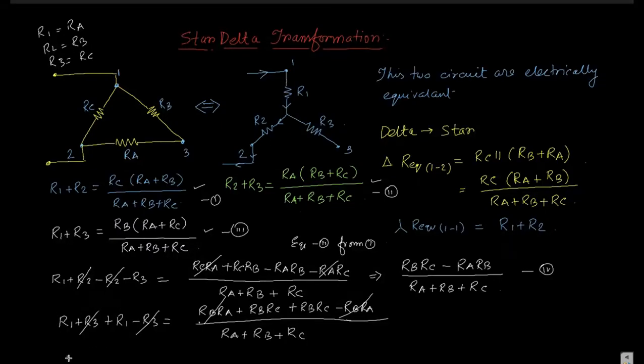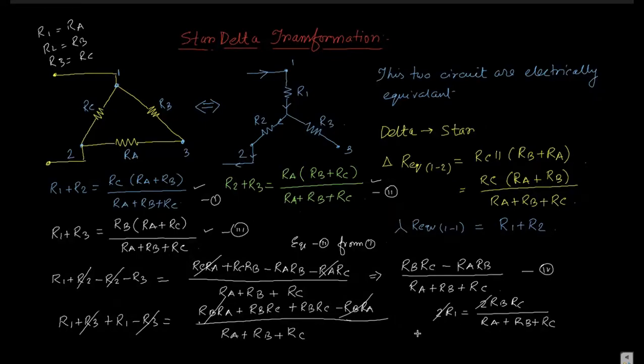So here it is 2R1, and in the right hand side it becomes 2RBRC divided by RA plus RB plus RC.